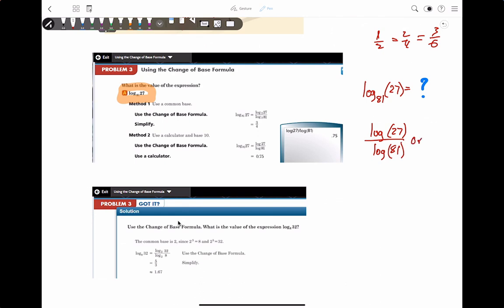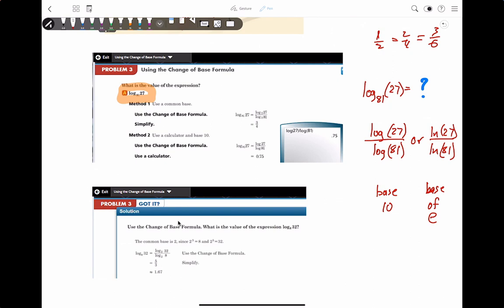Or if we wanted to, we just use the natural log of the same pieces, natural log of 27 over the natural log of 81. Again, these are equivalent because they are ratios, one with the base of 10 in mind, and one with the base of e in mind.